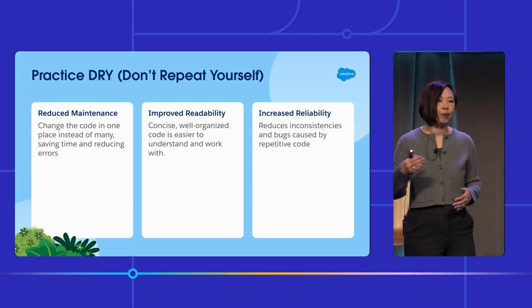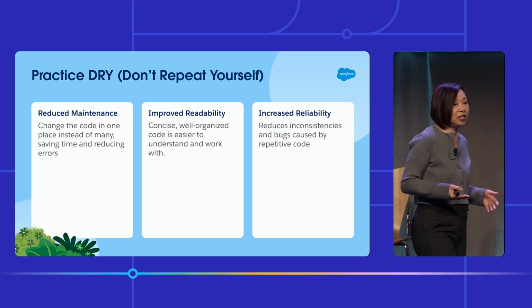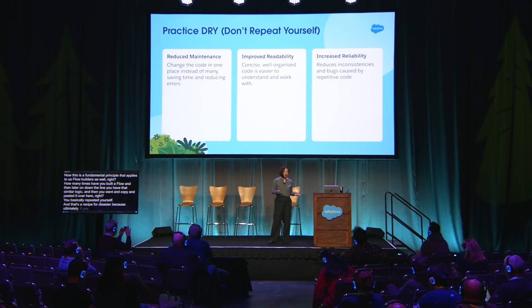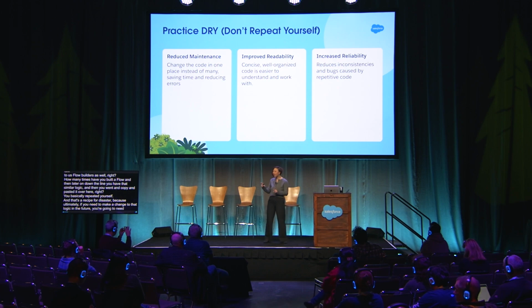You basically repeated yourself. And that's a recipe for disaster, because ultimately, if you need to make a change to that logic in the future, you're going to need to hunt down every single instance of that copy and then make a change to it. Now that's tedious, error-prone, and frankly, a huge waste of time.